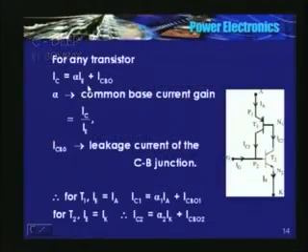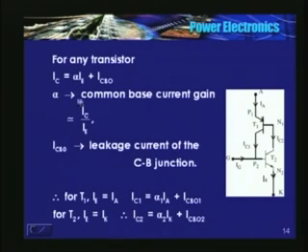See, for any transistor, collector current IC is given by alpha into IE plus ICBO. IC is the collector current, IE is the emitter current, and alpha is the common base current gain.